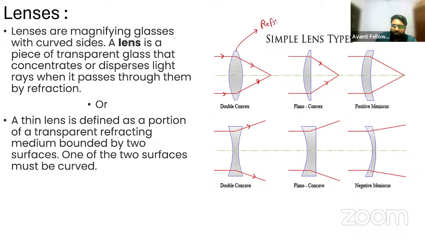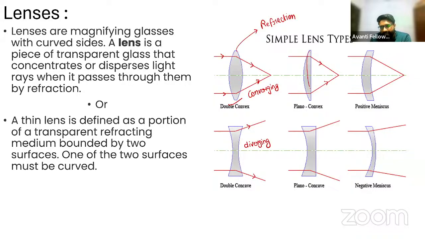It is refraction. Now in this part it is converging, and in this part it is diverging. You will find that the lens which usually converges the rays after refraction is termed a convex lens. This one is termed a double convex lens because we have two convex surfaces here.